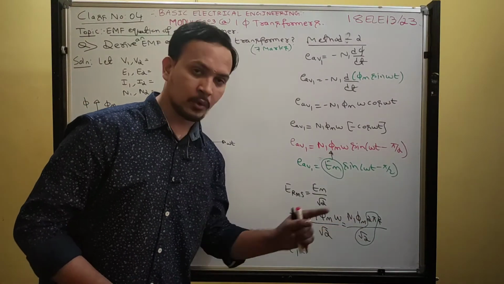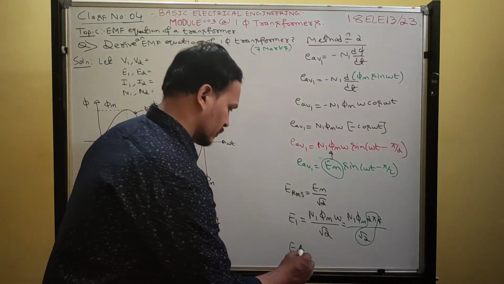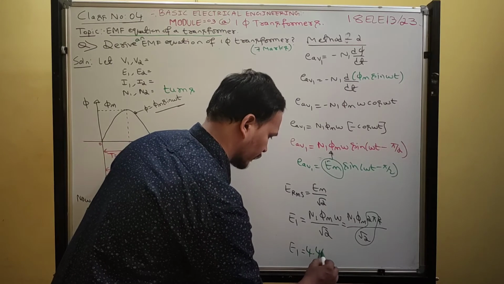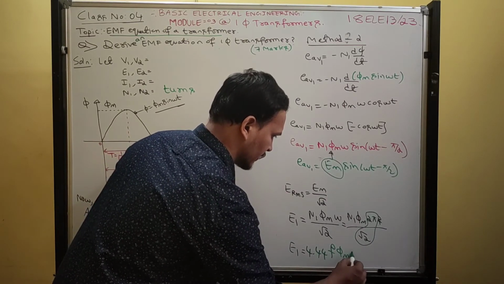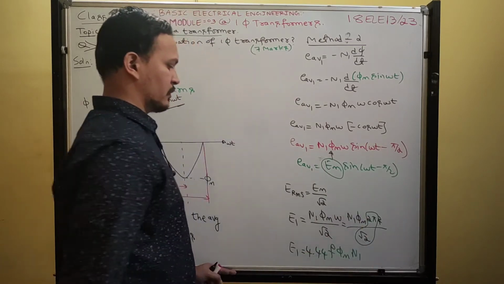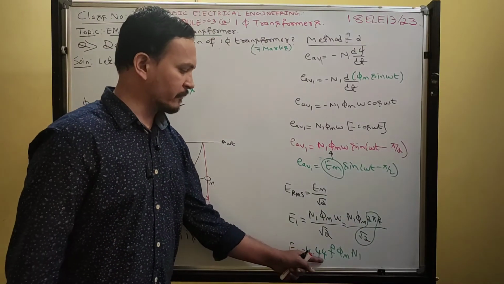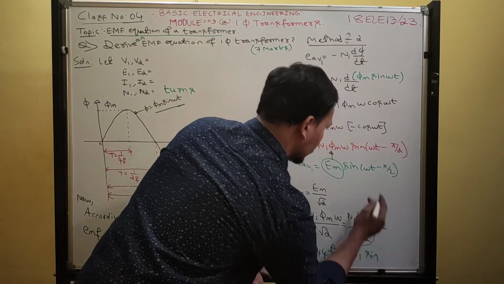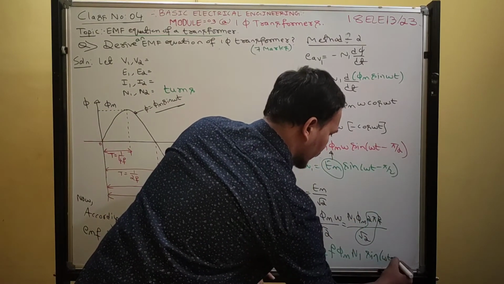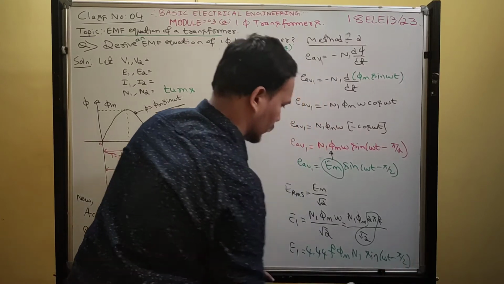How much will you get? 4.44. So 4.44 f phi m N1. E1 is equal to 4.44 f phi m N1 into sin omega t minus pi by 2.